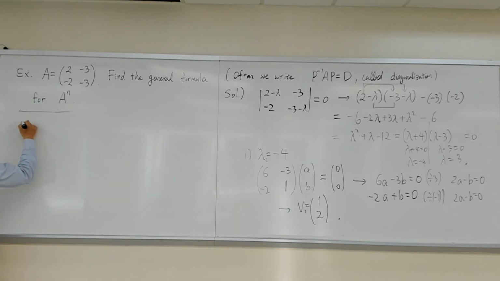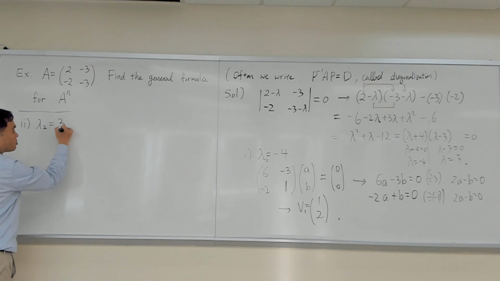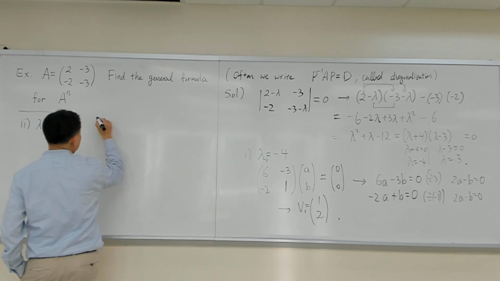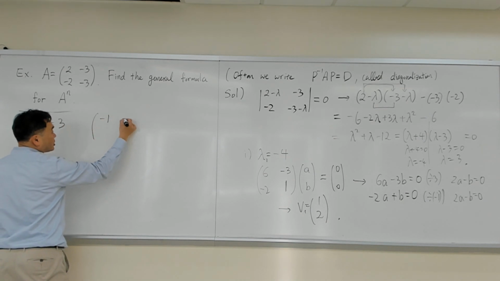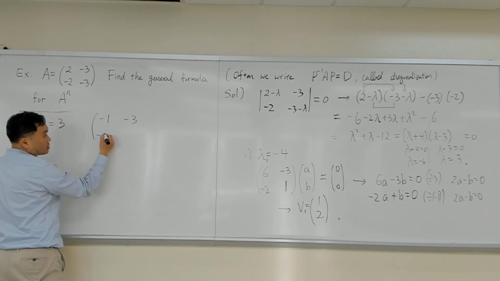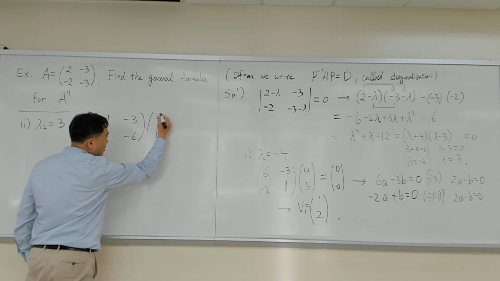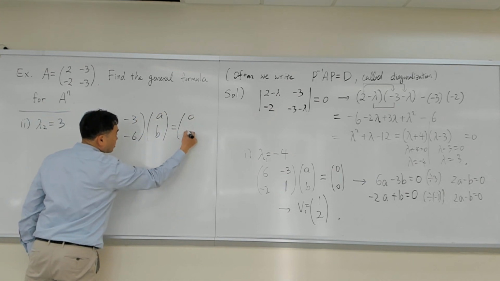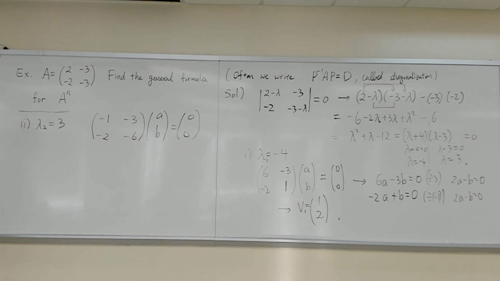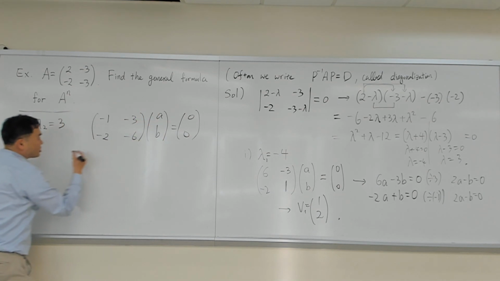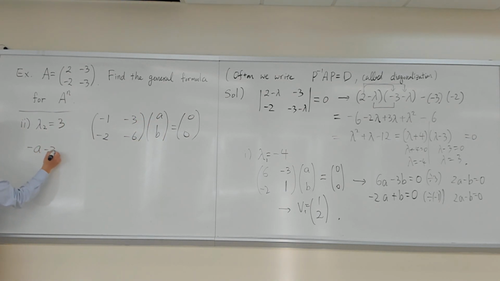Number 2, lambda 2 is positive 3. If you plug in 3 here and there, you get -1, -3, -2, -6, then put A, B equal to 0, 0. And the top equation, if you do a cross down, it gives you -A minus 3B equals 0.